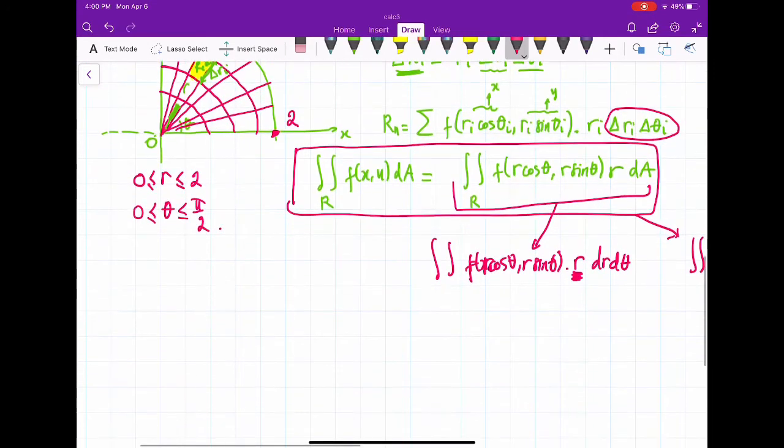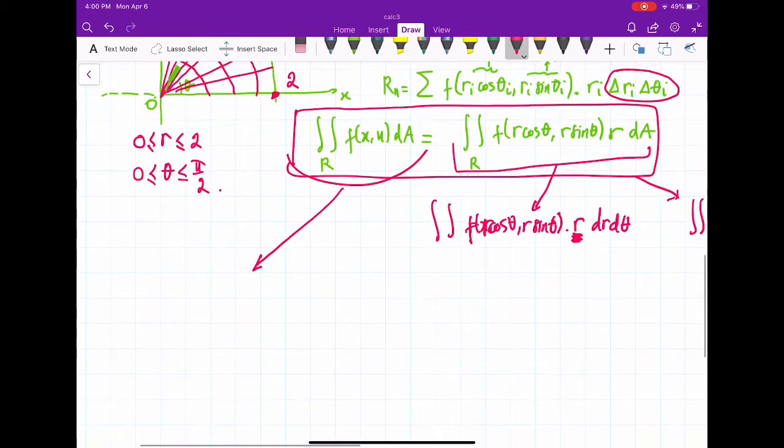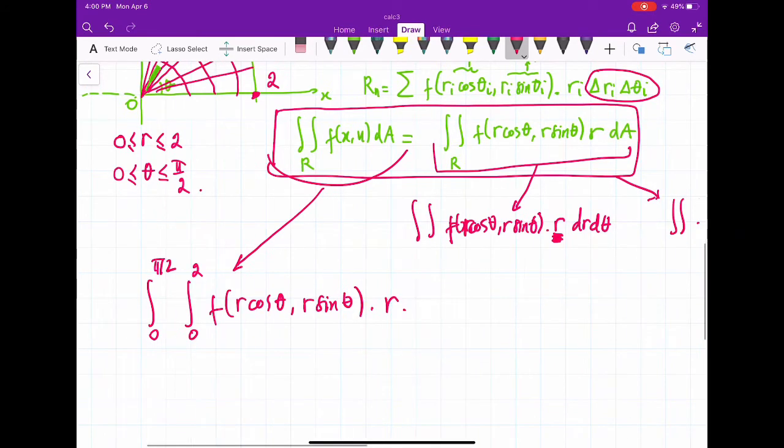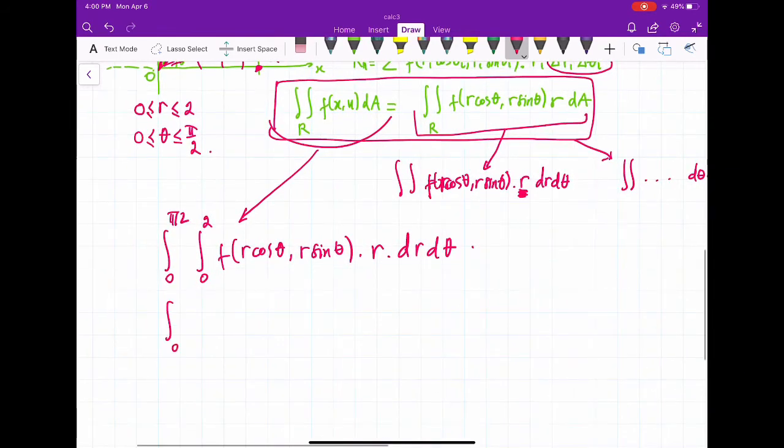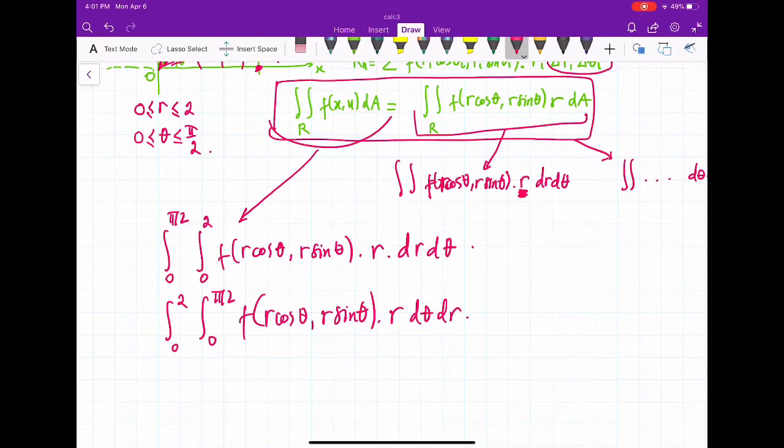So if I consider this integral, I can rewrite it in the following form: the integral from 0 to pi over 2, and r from 0 to 2, of f of r cosine theta, r sine theta, times r, dr d theta. Or you can rewrite it as the integral from 0 to 2, and 0 to pi over 2, of f of r cosine theta, r sine theta, r d theta dr.